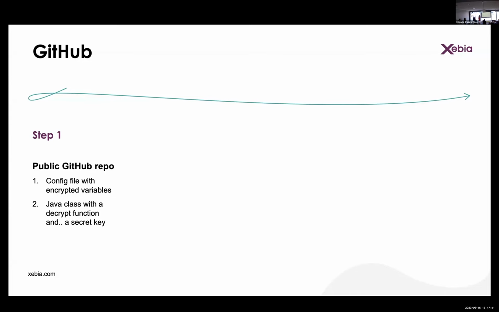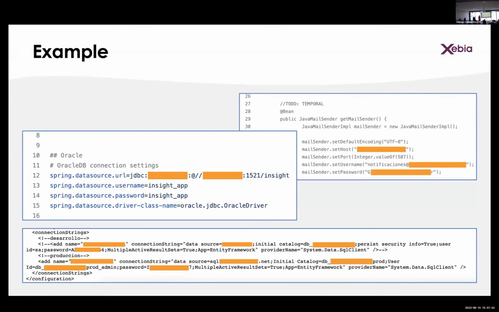So let's start first by showing you how it usually looks in GitHub. You can find config files with some connection strings with login and password, or mail configuration, login, password, server, or any other connection type. Sometimes there are even AWS credentials that are still valid.